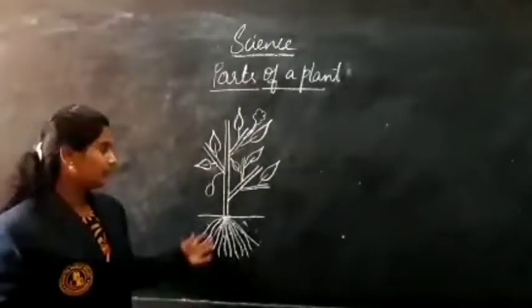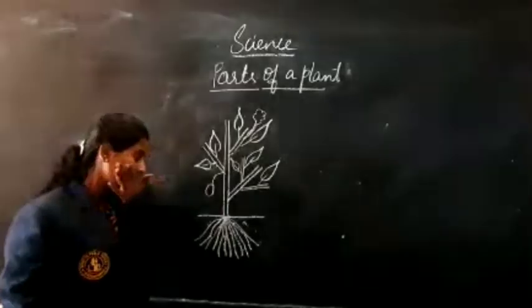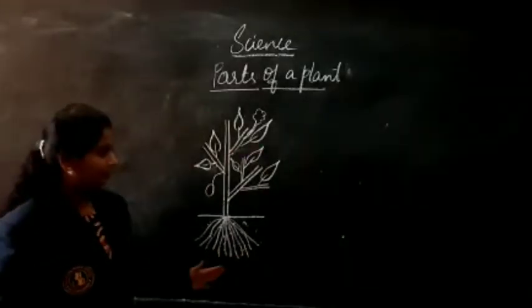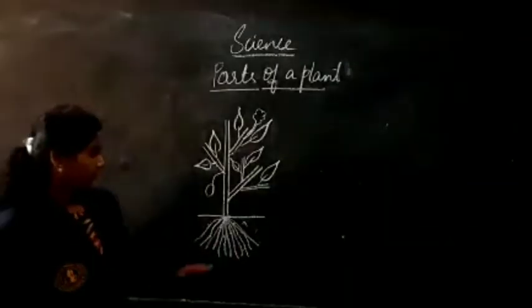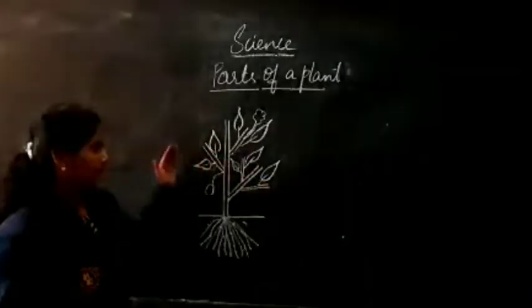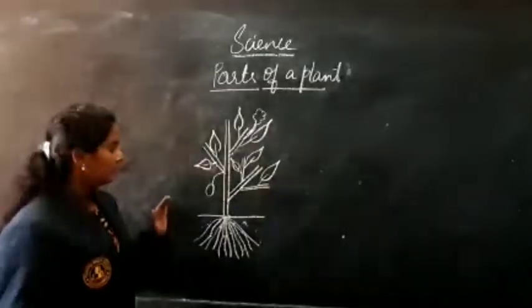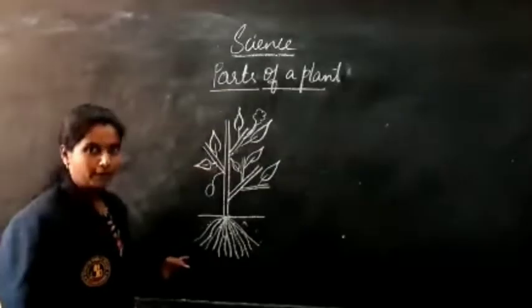Okay, it's just a rough diagram of a plant. So here you can observe the plant, and in general we can divide the plant into two parts, the upper and the lower part.